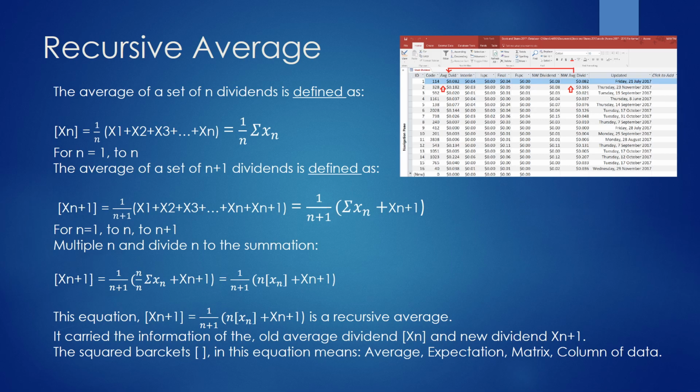The square bracket in this equation means average, expectation, matrix, or column of data.